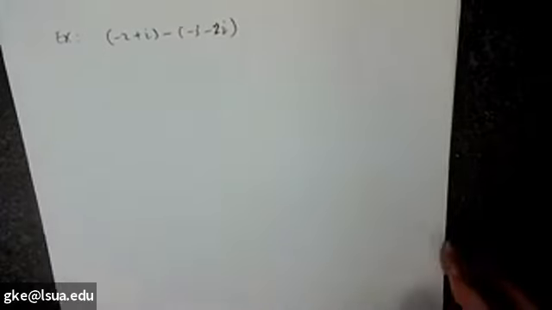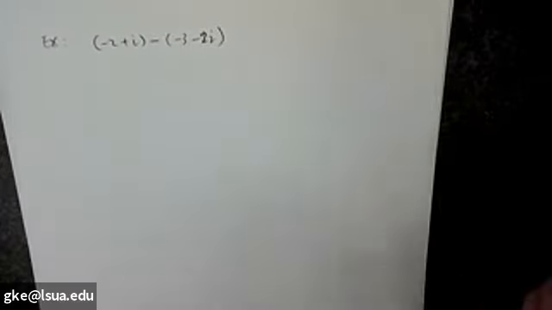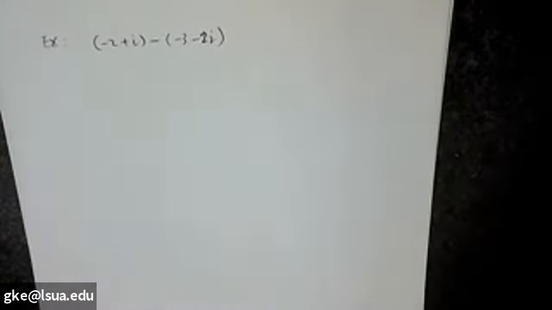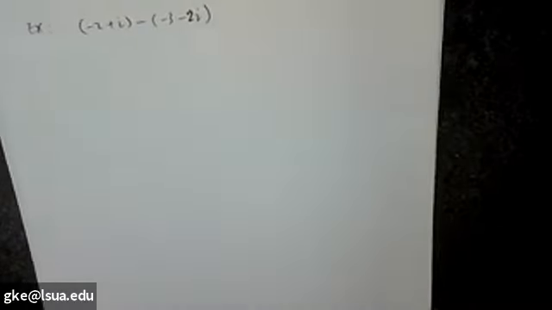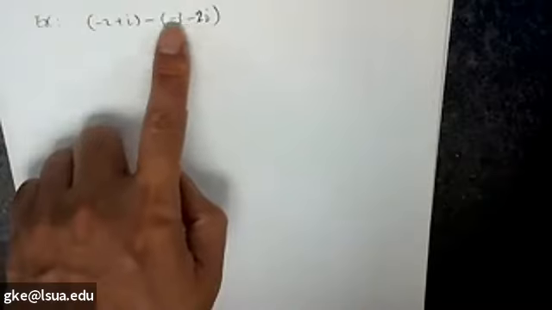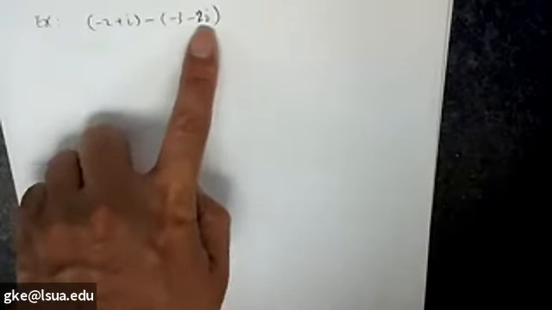Okay, that's what we learned, right, from our last class. Is that 2i or 7i? 2i, negative 3 minus 2i.